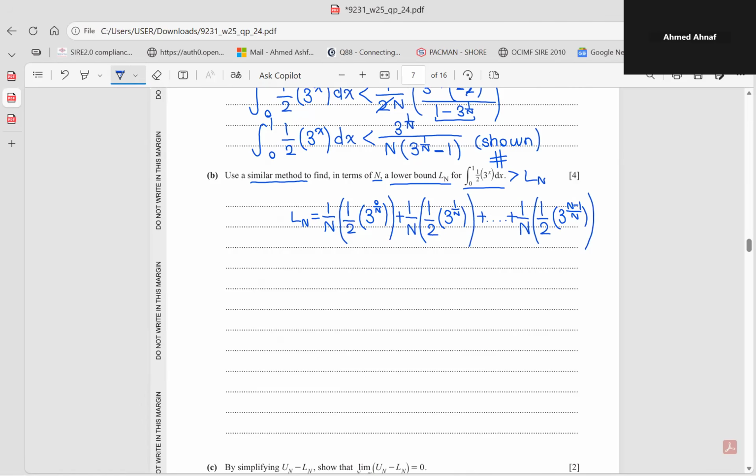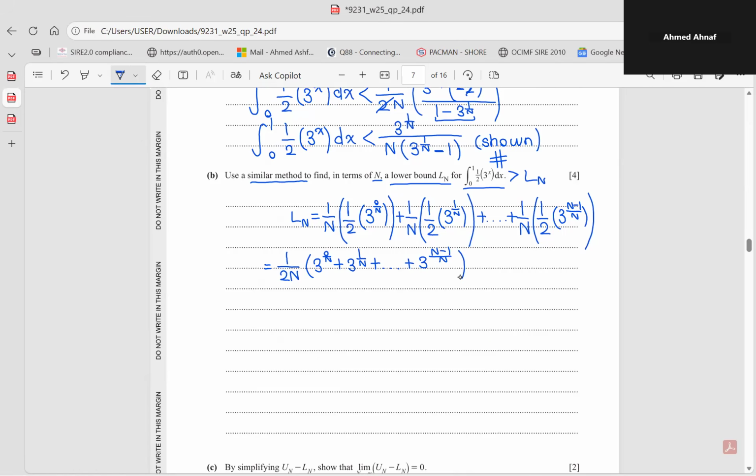So this is going to be 1 over 2n, and we factor out: 3 to the power of 0 over n plus 3 to the power of 1 over n plus all the way to 3 to the power of n minus 1 over n.